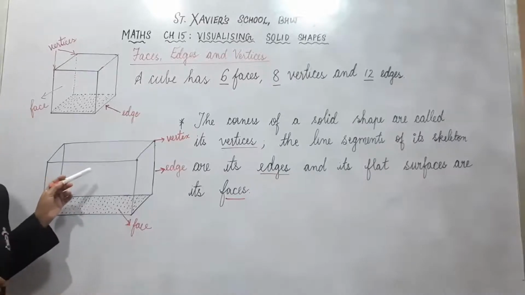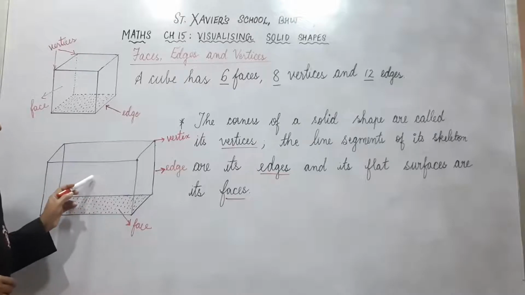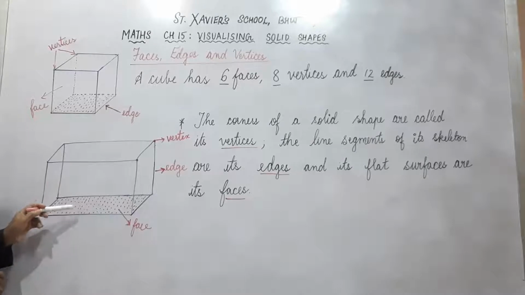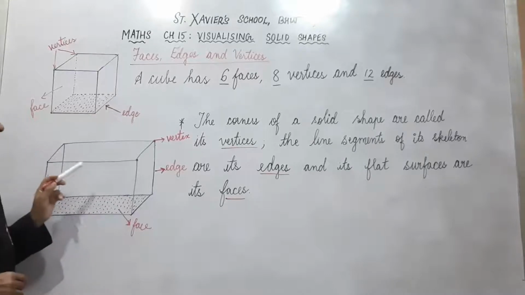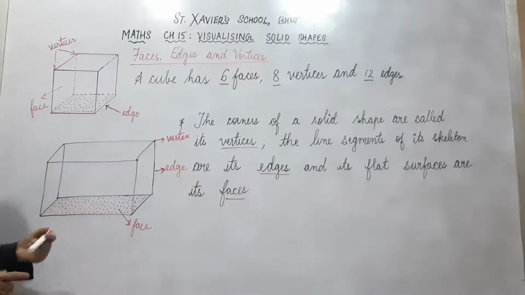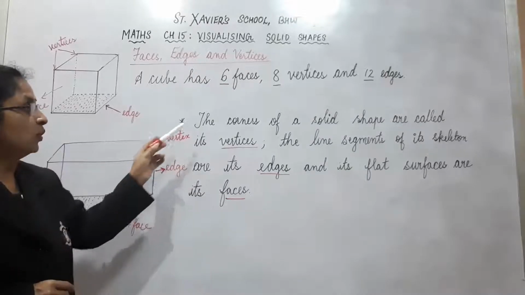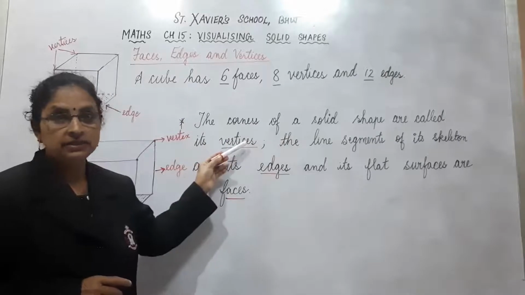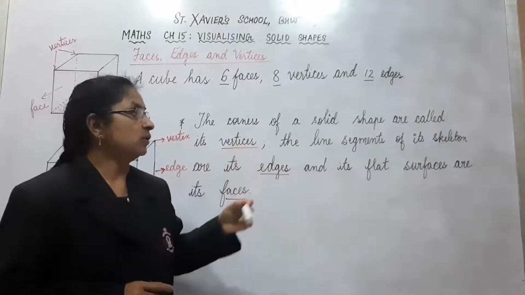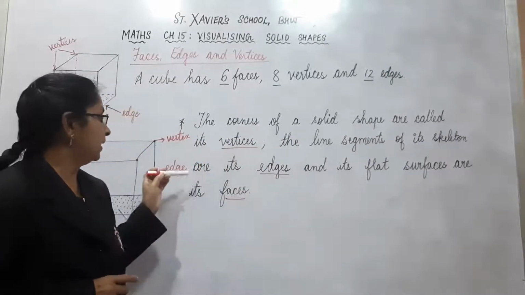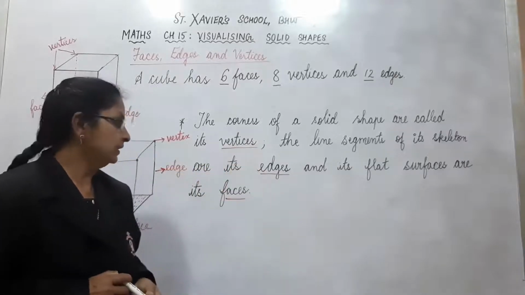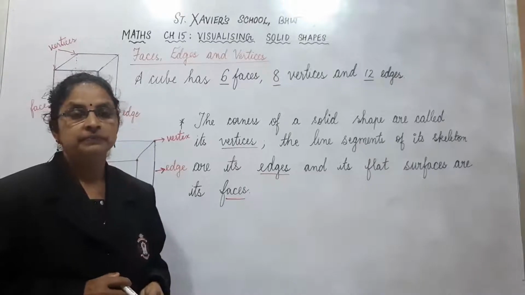Even the cuboid has the same number of faces, edges and vertices. Total 6 faces, 8 vertices and 12 edges. The corners of a solid shape are called its vertices. The line segments of its skeleton are its edges, and its flat surfaces are its faces.